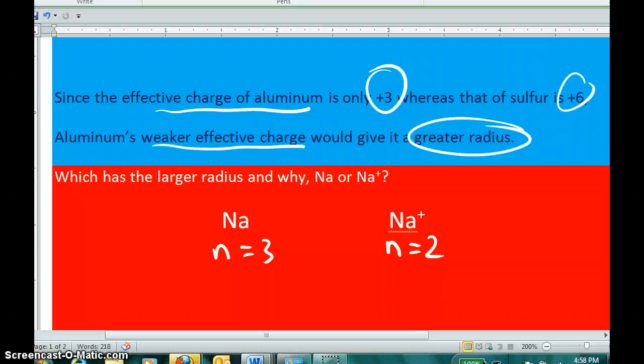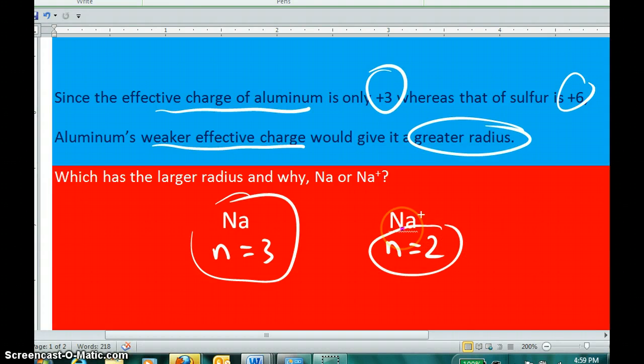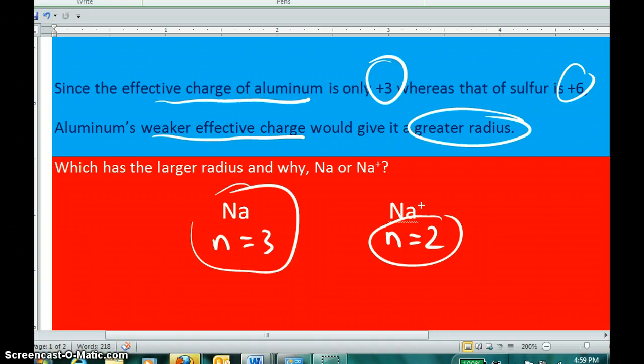And since valence level is always the first consideration in periodic trends or behavior, we could simply state that sodium, by virtue of its higher valence level, it's farther away from the nucleus, has to have a larger radius than the sodium ion, which only has n equals 2.